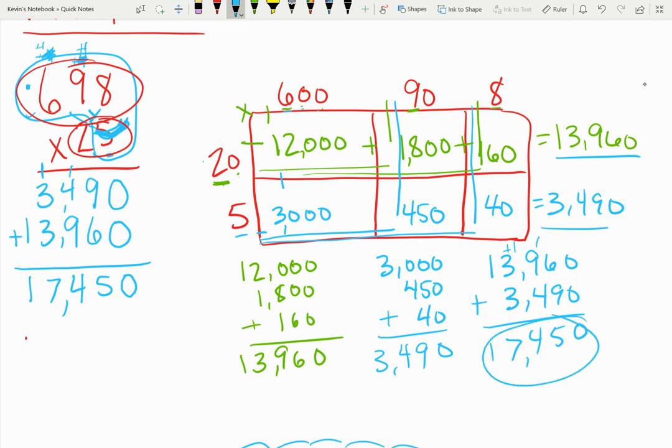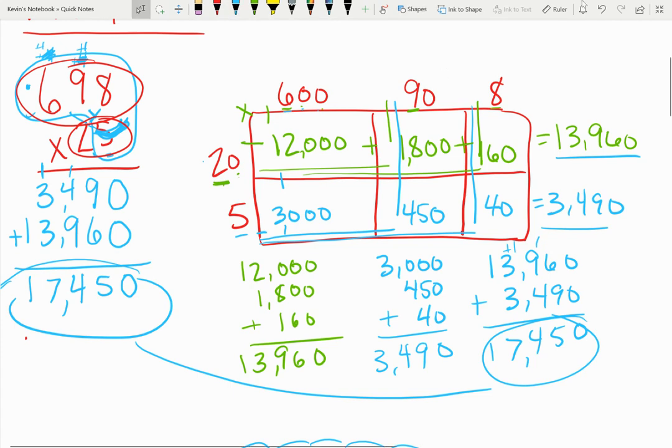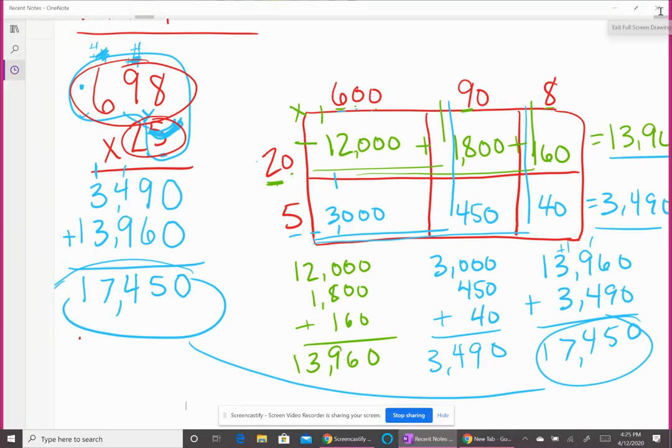So these have the same products. Okay, so go ahead and pause the video if you guys need to review the different methods of regrouping versus area model.